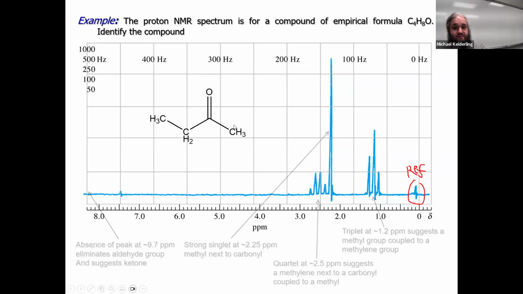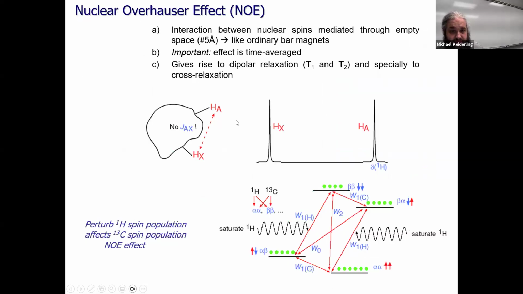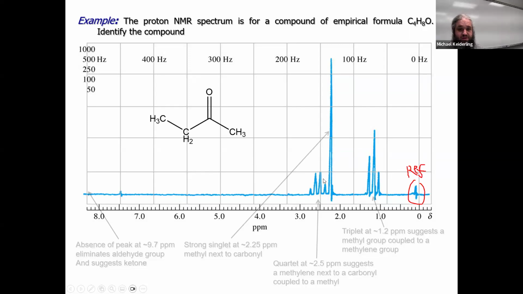And this methyl next to a carbonyl doesn't split because there aren't any hydrogens on the carbon right next to it. So you're looking at neighbors, but the distance it can cover is only about 3 bonds.